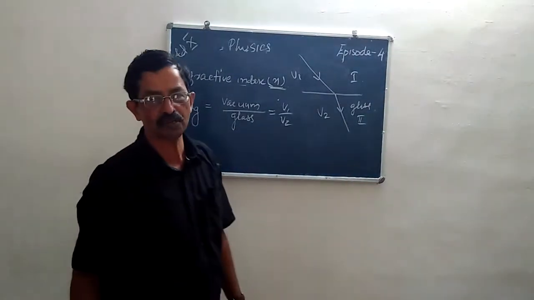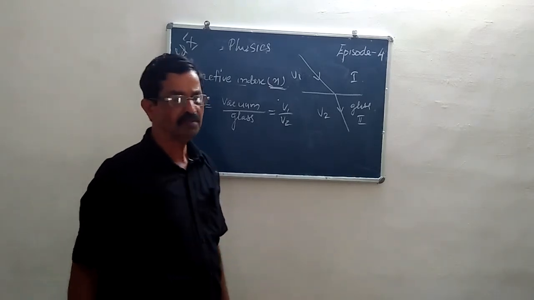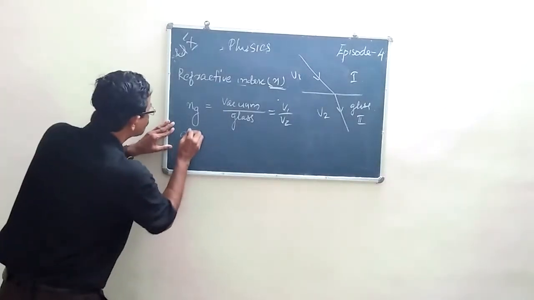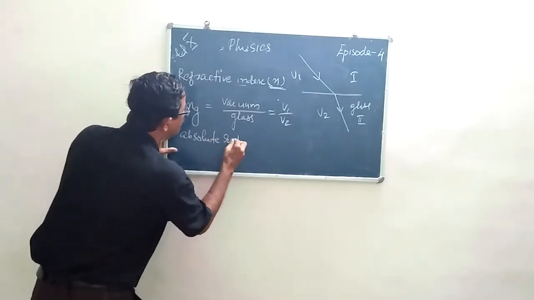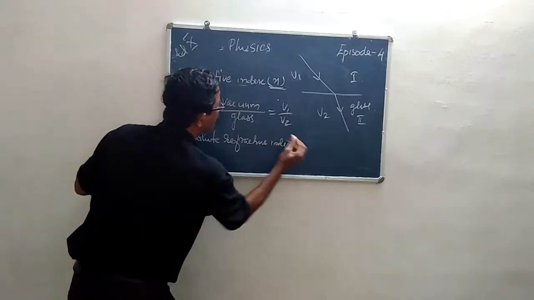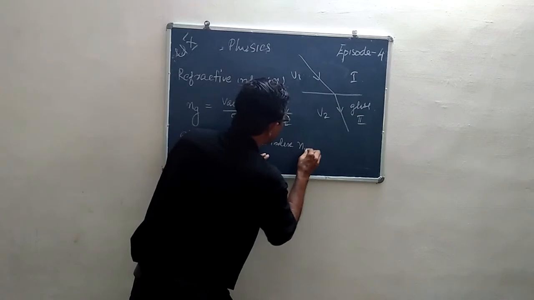That is, the refractive index of a medium with respect to vacuum is called absolute refractive index, and usually we represent it with n.